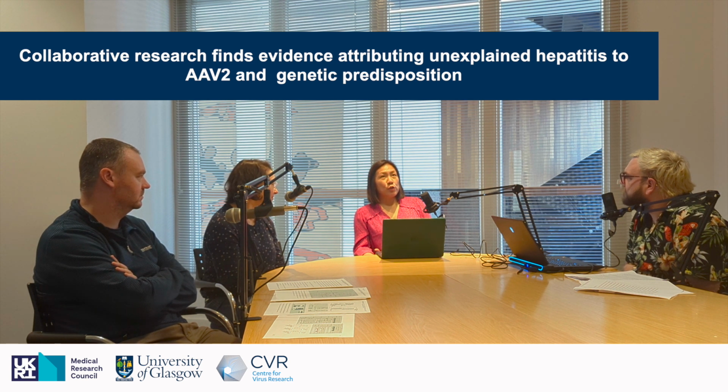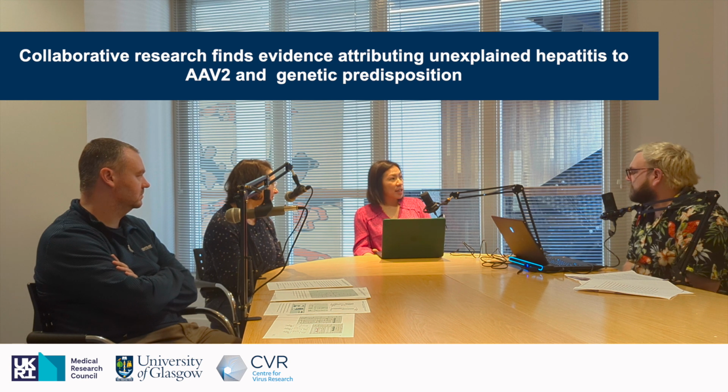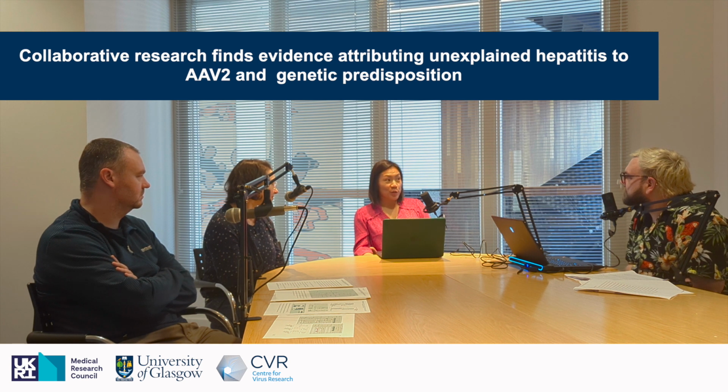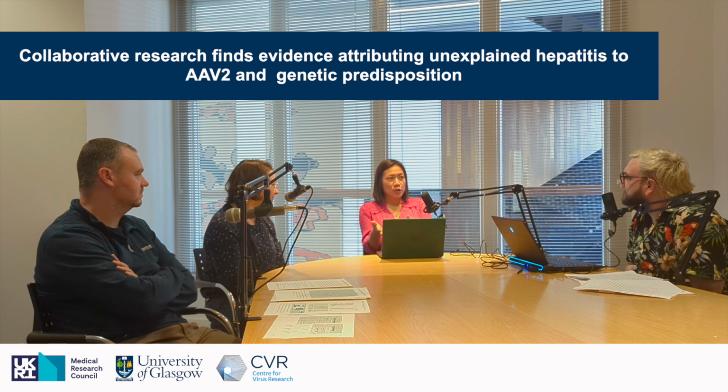Actually, about 80 to 90% of adults are serology positive for AAV2, and we think seroconversion happens at a younger age. But why certain children? To date, we've had 44 cases in Scotland and just over 270 cases in the whole country. Is it that you need some kind of genetic susceptibility that makes you manifest severe hepatitis?